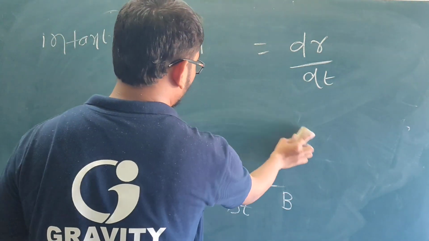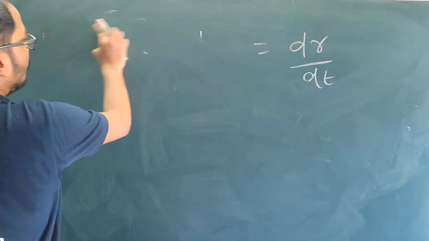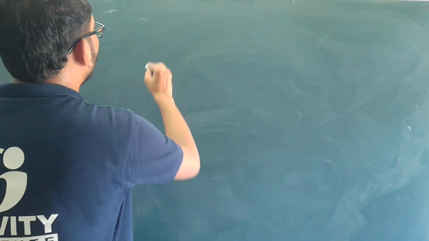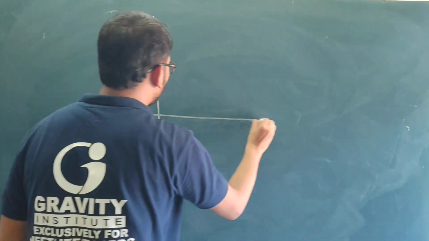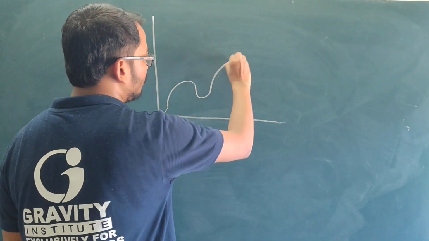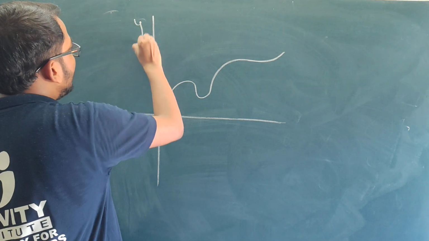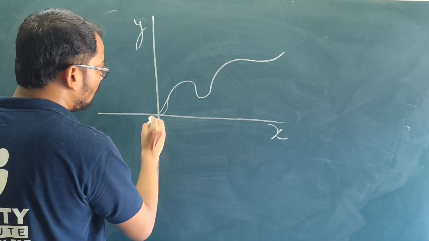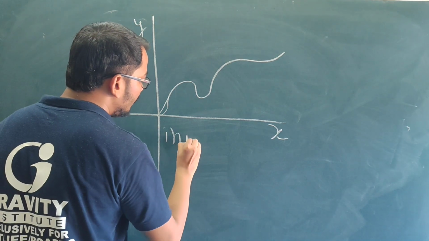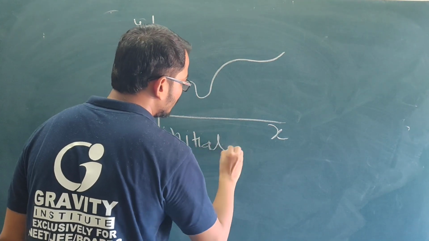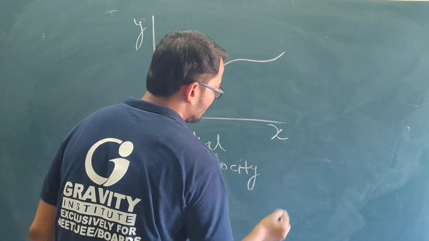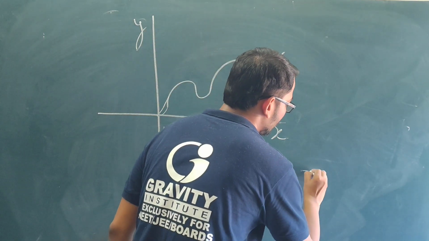Suppose the particle is moving along this curve. This is the y-axis, this is the x-axis.